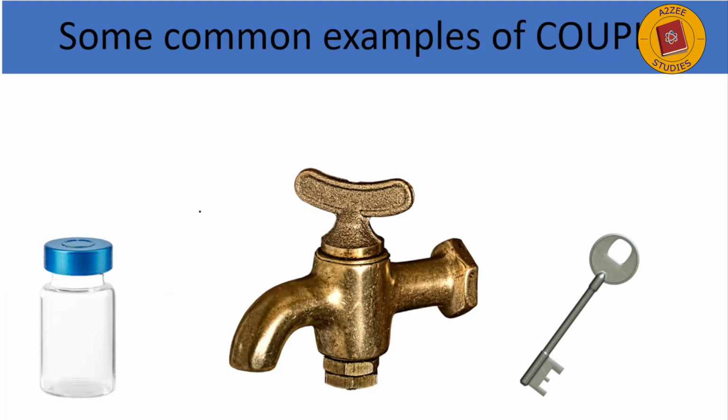Some common daily examples where we apply torque are while opening the cap of a bottle. We apply force here and we apply force here, and the center is this.